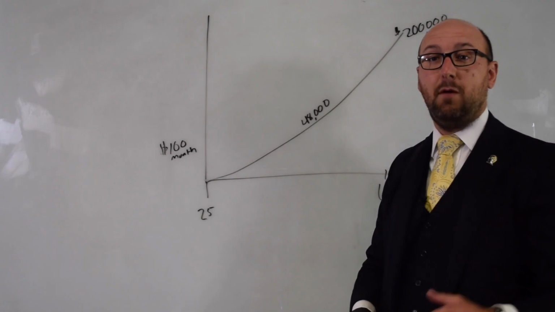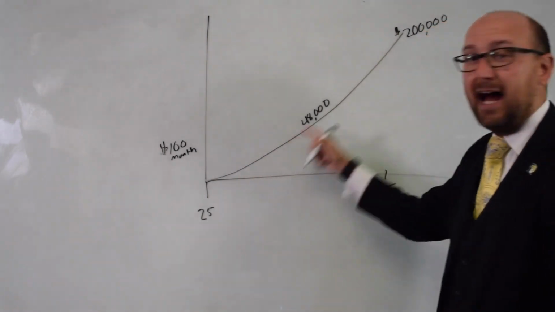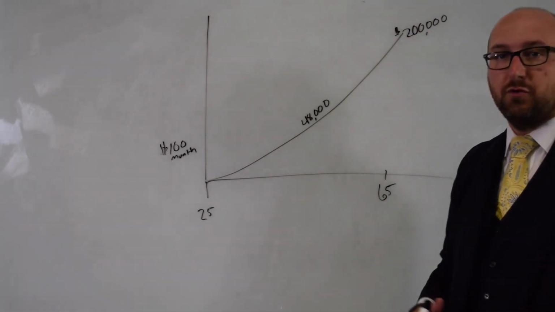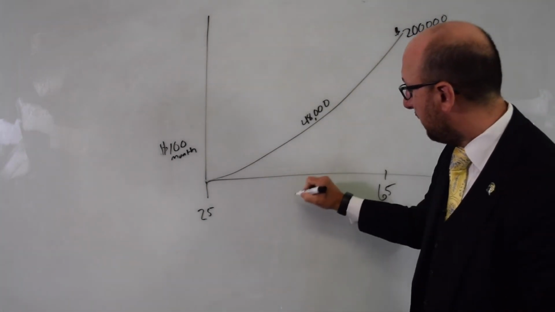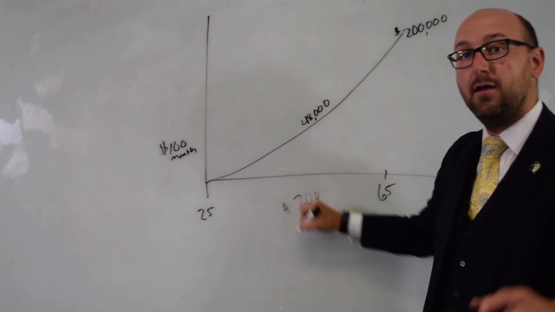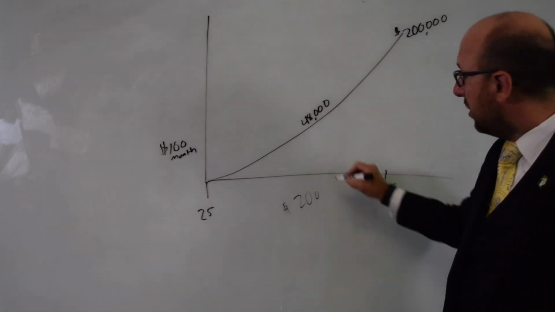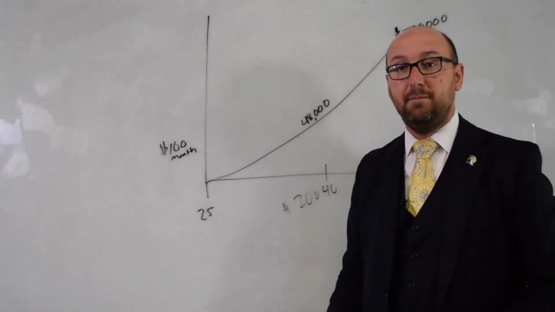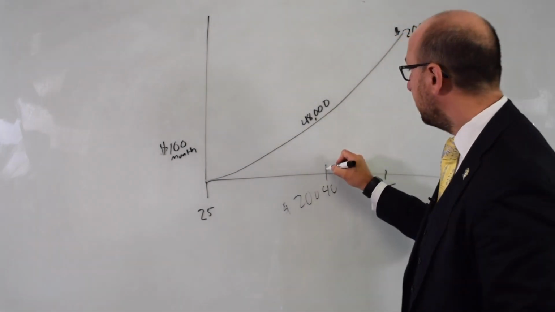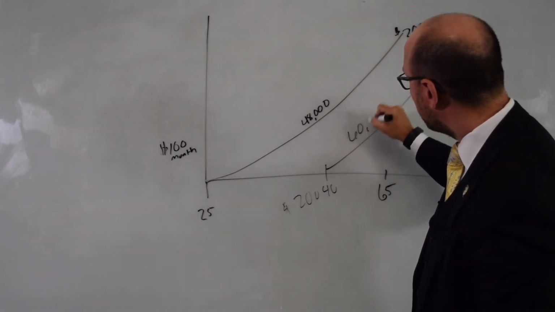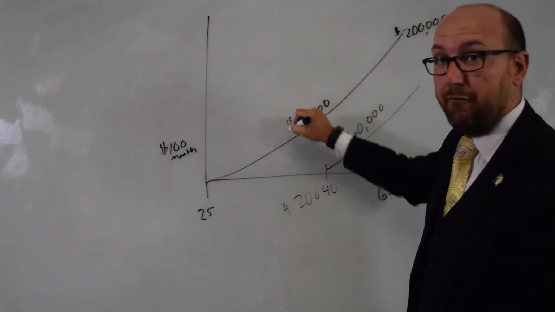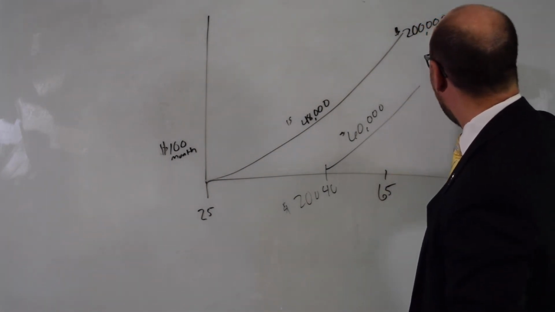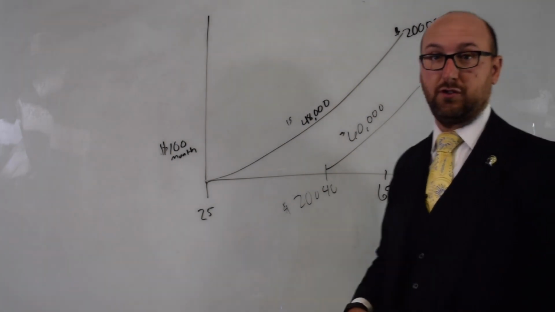The problem with compounding is it needs time to maximize the results. So let's say you started saving $200 a month, which is double the amount, but you waited to age 40. Over this time period, you would have invested $60,000, which is more than the $48,000, but it would have grown only to $139,000.